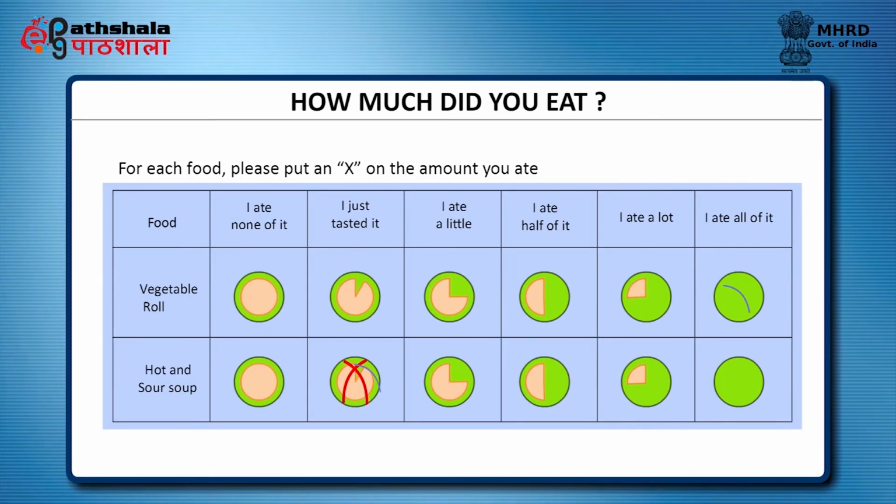Yet another simple technique can be by knowing the plate waste of the individual. Obviously, if the first picture is selected, it shows the dislike over a food, and the last picture indicates that the food is liked very much.